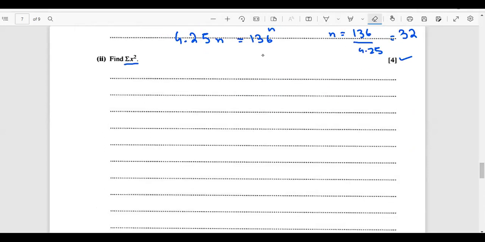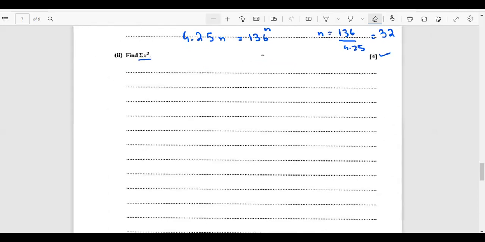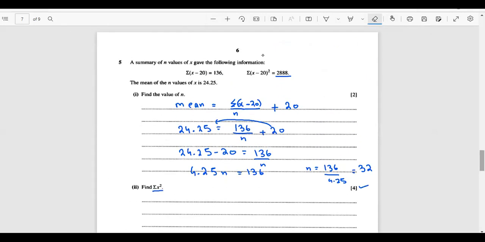Now, for this question, your hint is that you need to find the variance using the given data and then use variance to find summation x squared. How? I'll tell you. For the variance, what is the formula generally?